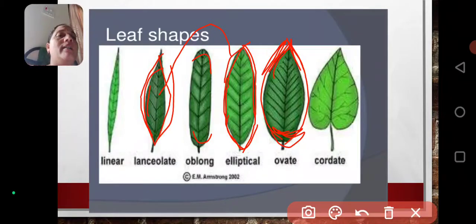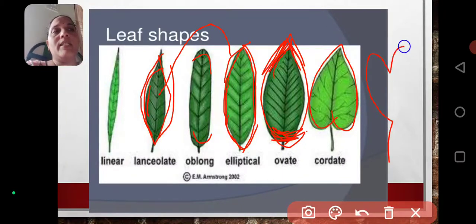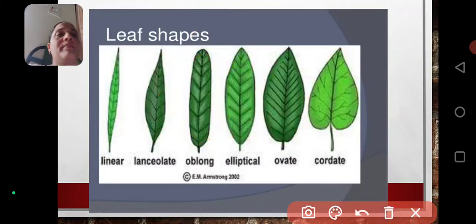One tip is blunt and one tip is sharp, called ovate, like an egg. Next one is cordate. Cordate means a heart-shaped leaf, and obcordate is completely opposite to the cordate, like this.